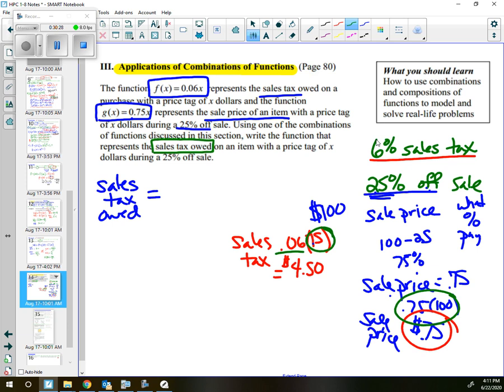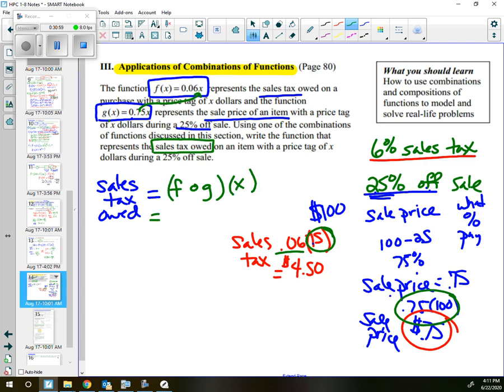So I needed to do the function G, and then I put that in for X. So if I put G in for F, how could I write that function? Well, it looks like it would have to be F composed with G of X.